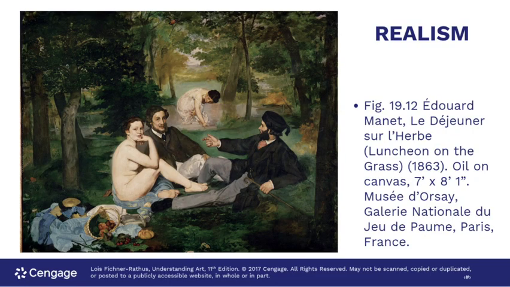There's a lot of mysterious stuff happening, and this painting is quite large. It's 7 feet by 8 feet, so it's kind of real big in your face there. And the other thing that was kind of shocking was that the woman meets the viewer's stare.